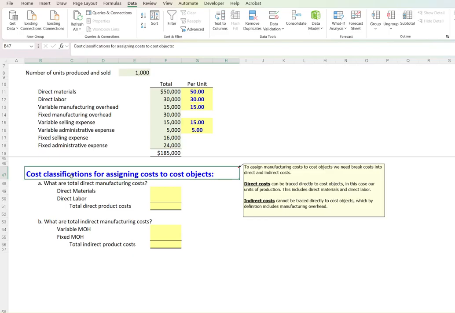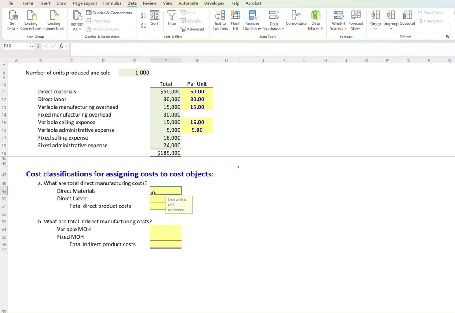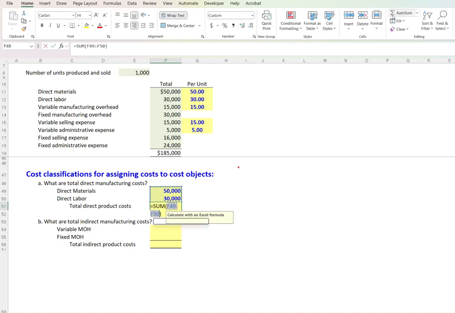So if we're talking about units of production, our only direct costs will be direct materials and direct labor. So let's go ahead and pick those up. Direct materials of 50, direct labor of 30, and our total direct product costs are 80,000.